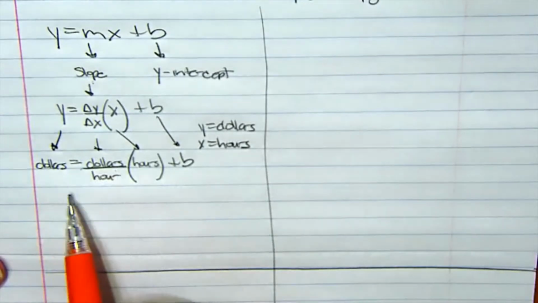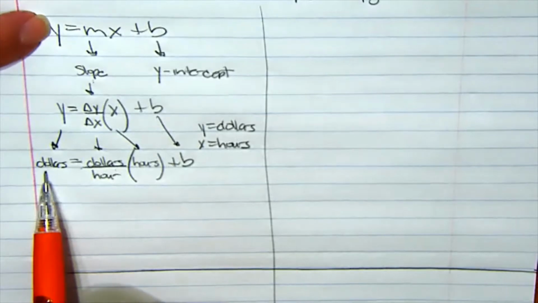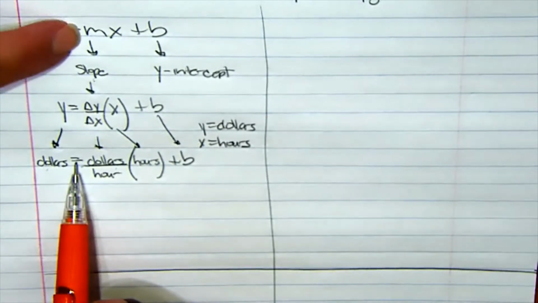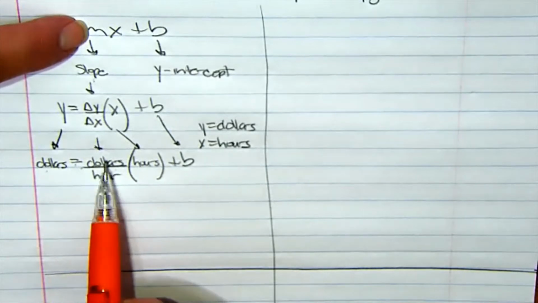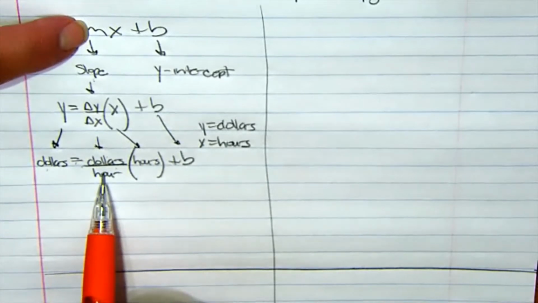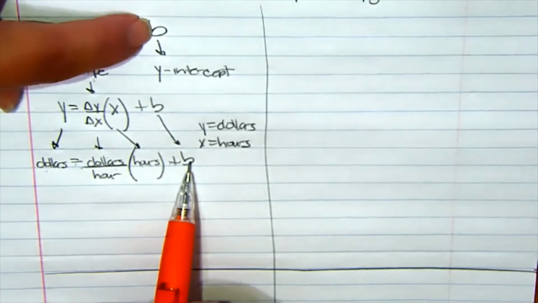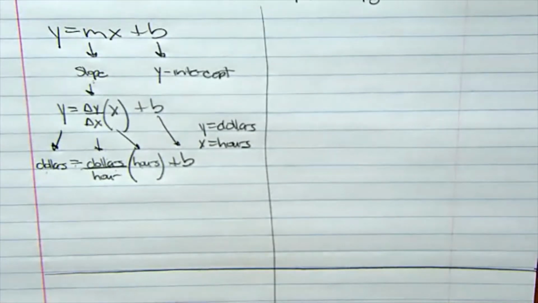So what this is telling us is the total number of dollars earned is equal to the slope, which is dollars per hour, times the number of hours, plus the bonus, or wherever we're starting. Okay?